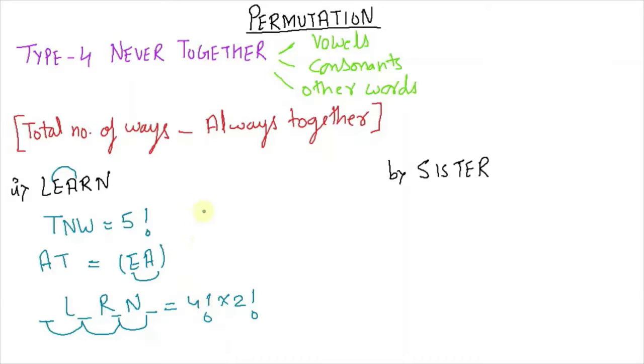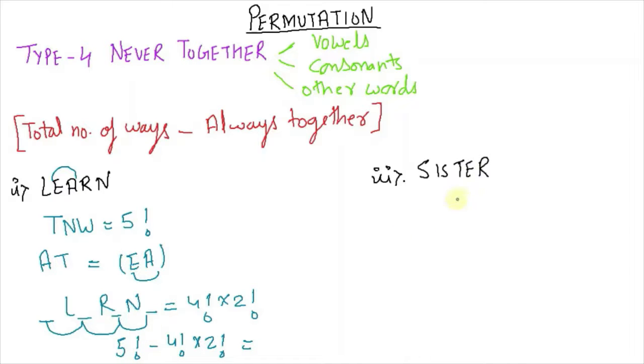So here the question is never together, and the formula is total number of ways minus always together, which means 5 factorial minus 4 factorial into 2 factorial. Once you solve this, you can get the answer.